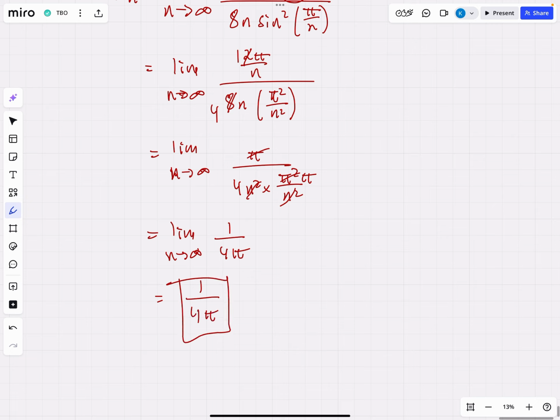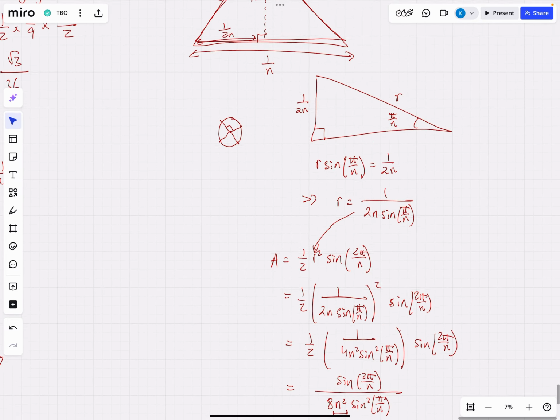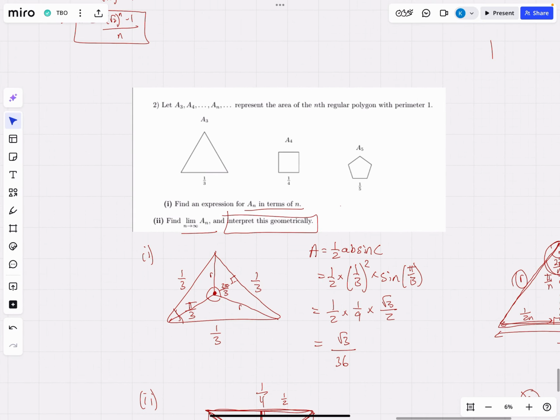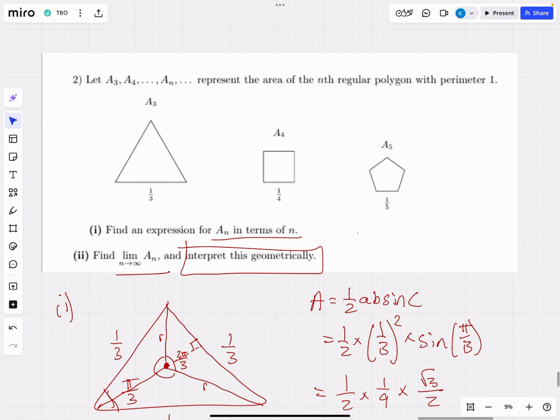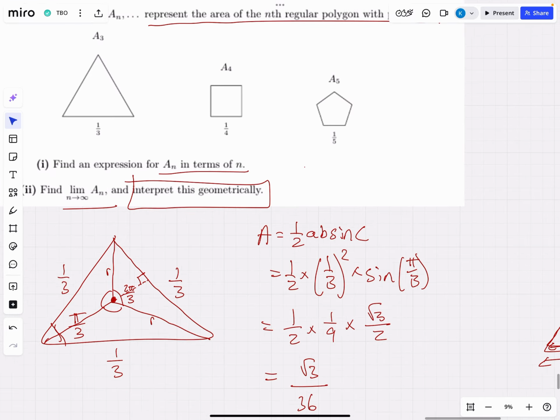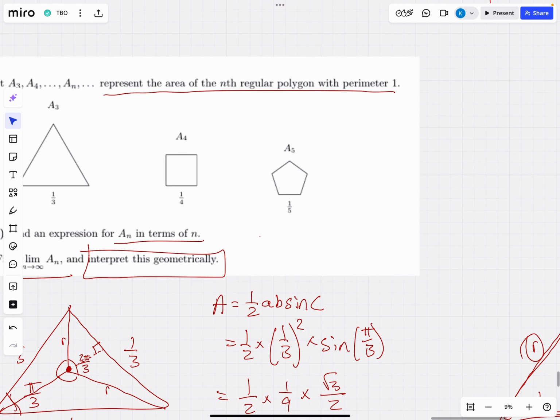Now we need to interpret this geometrically. Well, let's go back to what the question was actually asking us, right? We're finding the area of nth regular polygons with perimeter 1. You can imagine what this is going to be like, right?